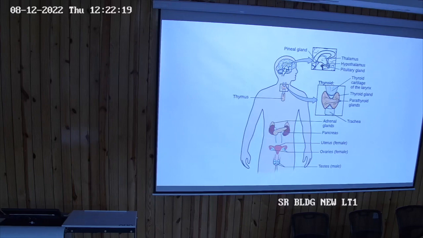That is the action of the hormone glucocorticoids. So glucocorticoids, coming from the cortex part of the suprarenal gland, break down the protein and fats or lipids and release glucose.